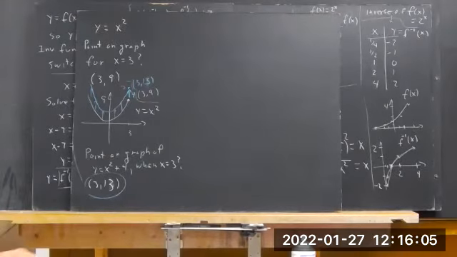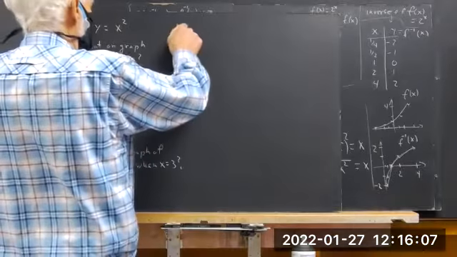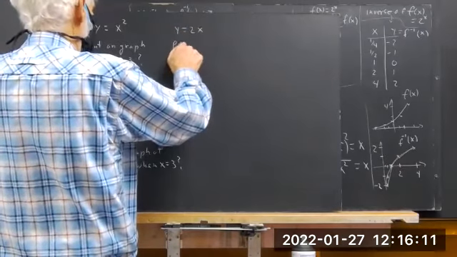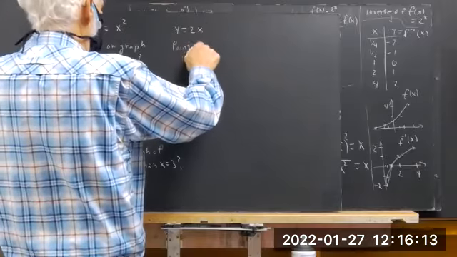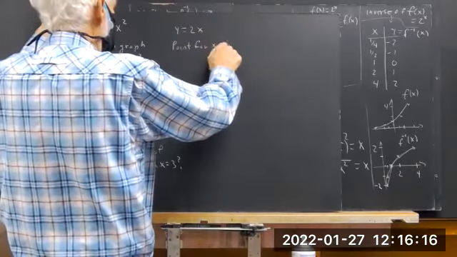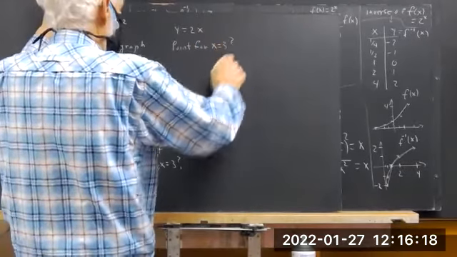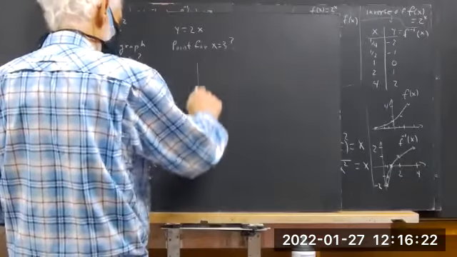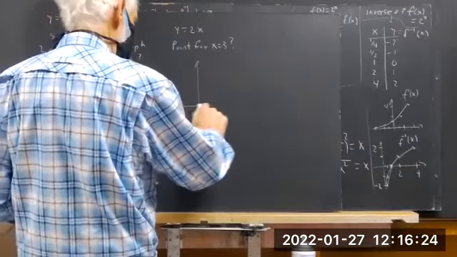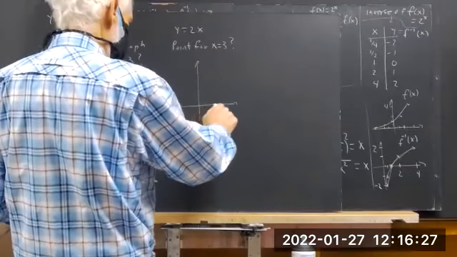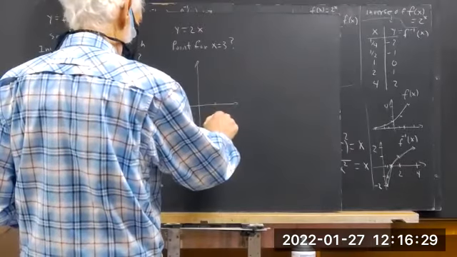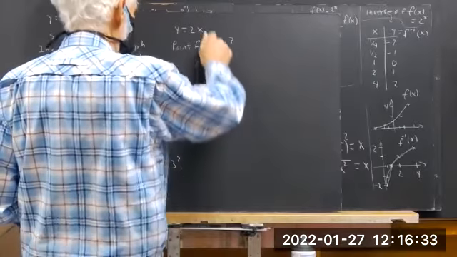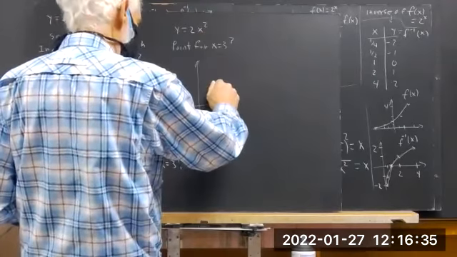Now, if we have y equals 2x, what's your point for x equals 3? Oh, sorry, 2x squared.